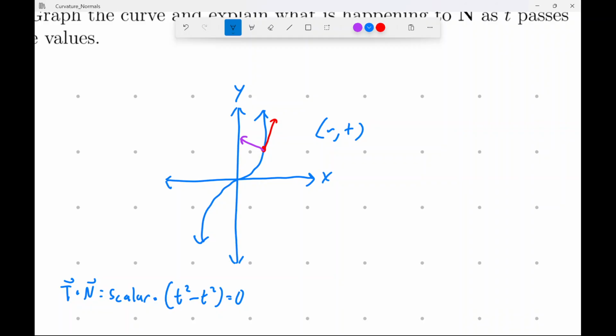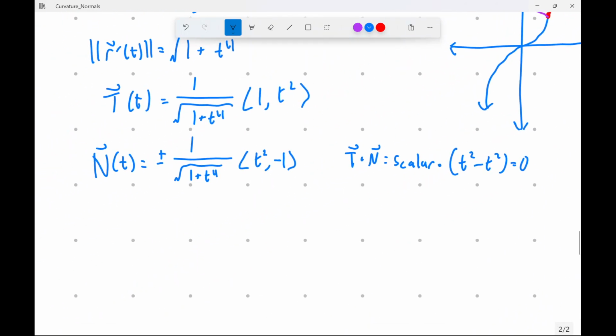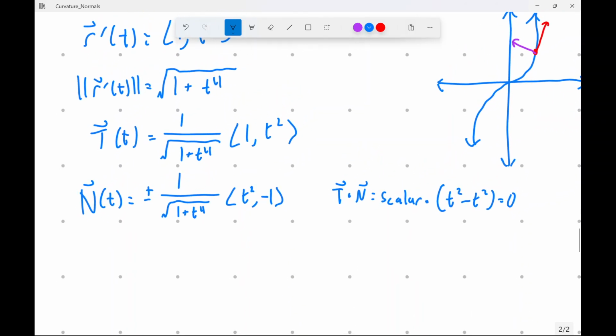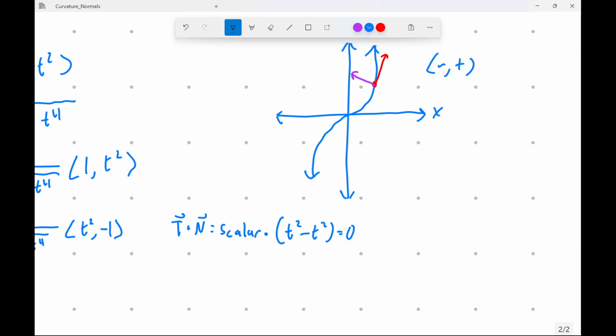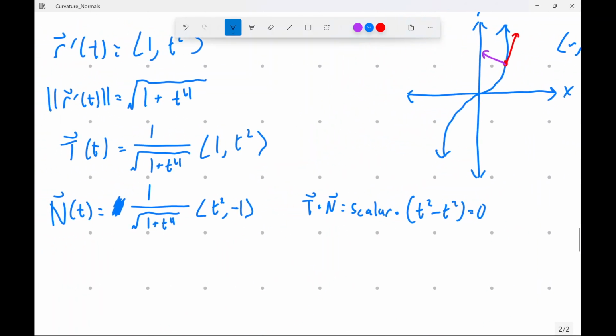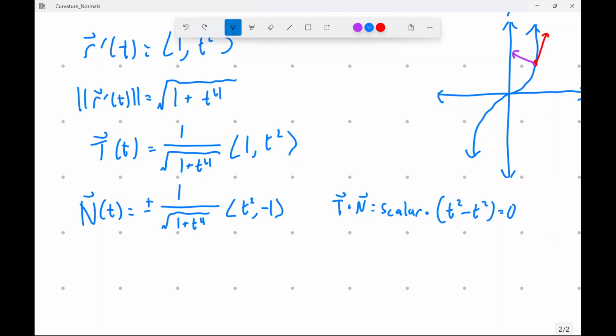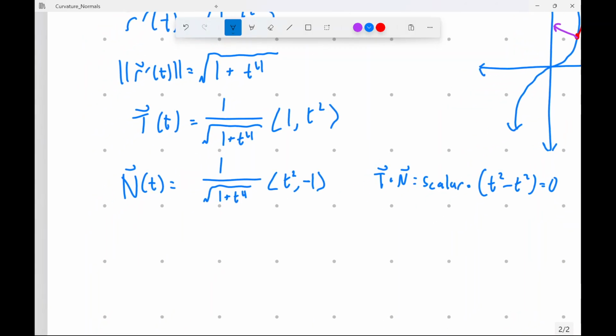Okay? Negative, positive. So look back at this equation. If we choose plus, t squared is positive and negative 1 is negative. And so we have a positive and a negative, which is not what we want. We want a negative and a positive. And so we have to choose the minus.